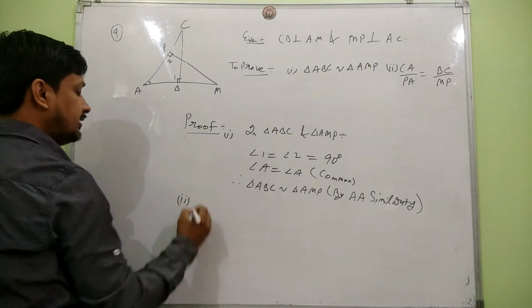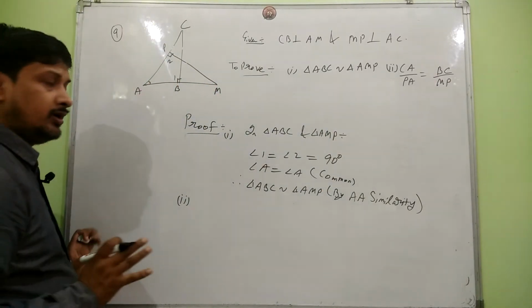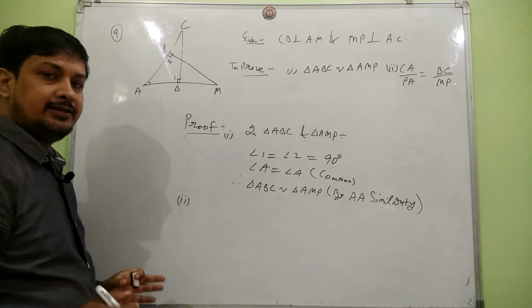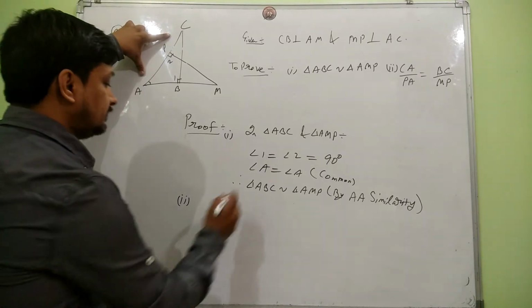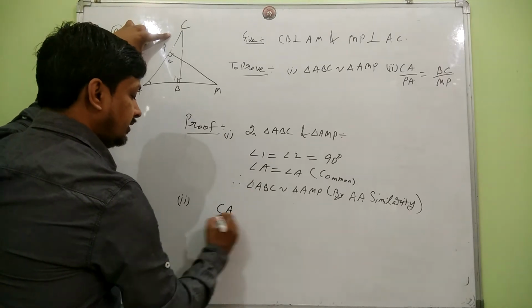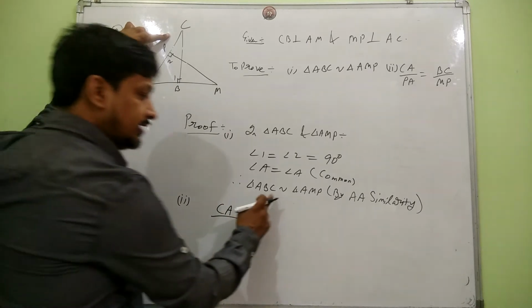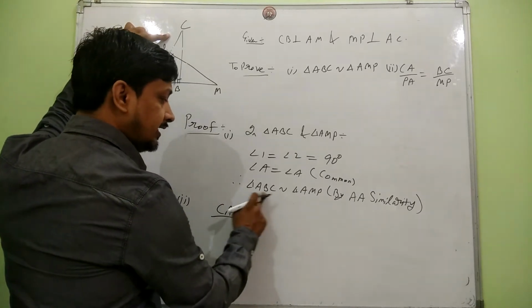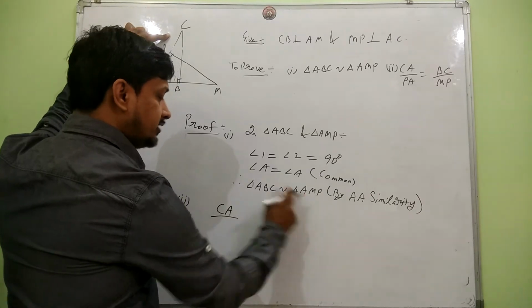Now the second part, CA upon PA. If two triangles are similar, then their corresponding sides are proportional. So you can say CA of this triangle, and you can see the side corresponding to CA is PA in the other triangle.